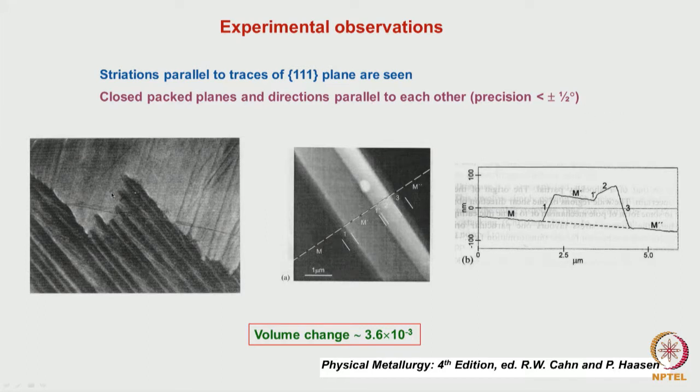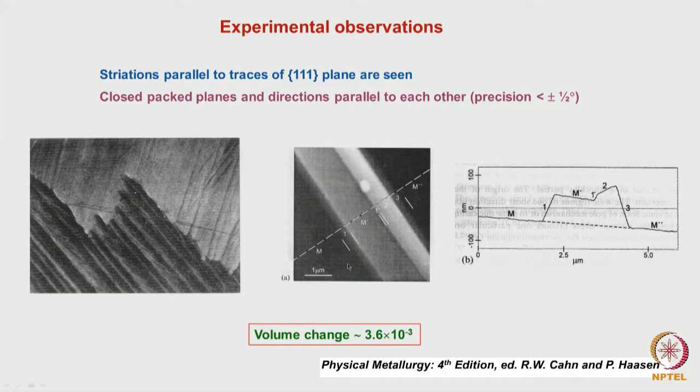Then in these sorts of samples, when atomic force microscopy is used, not atom probe, one can see some steps occurring. Atomic force microscopy gives the depth information, how the height varies. So we can see there is some variation in height.